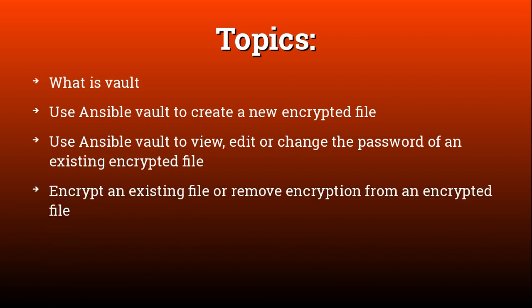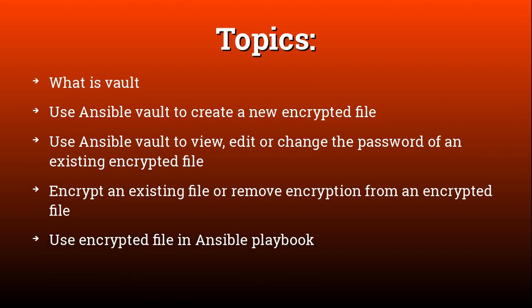Then we'll see how you can encrypt an existing file which was not initially encrypted with any password, or how you can remove the encryption from an existing encrypted file. And also we'll see how you can use the encrypted file created by Ansible Vault in your Ansible playbook.